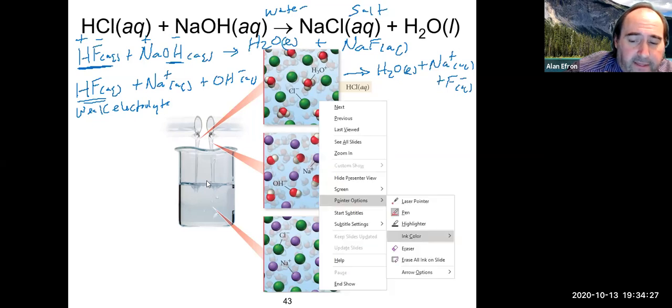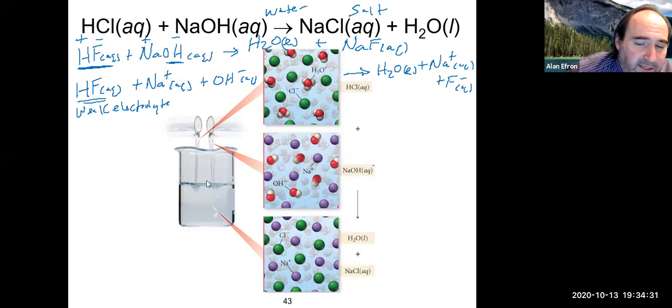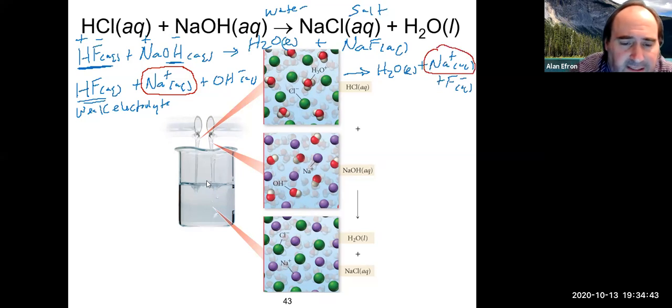Now, the importance of keeping that together is when we look at this equation and we look at spectator ions, there is actually only one spectator ion in this one. It is just the sodium ion. There is no other ion on both sides that looks exactly the same. We don't have the fluoride or anything like that because we did not break it apart.